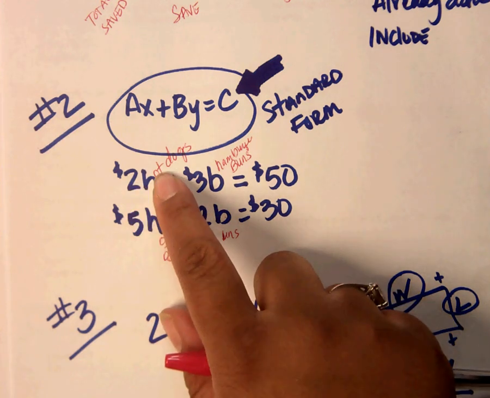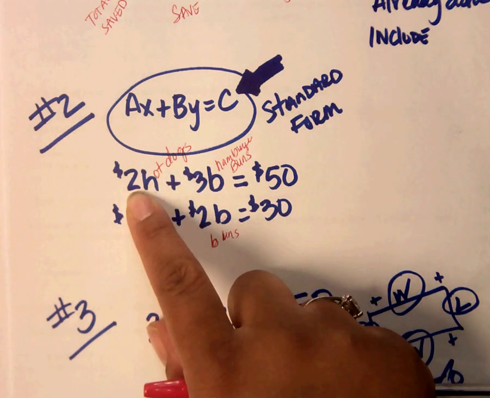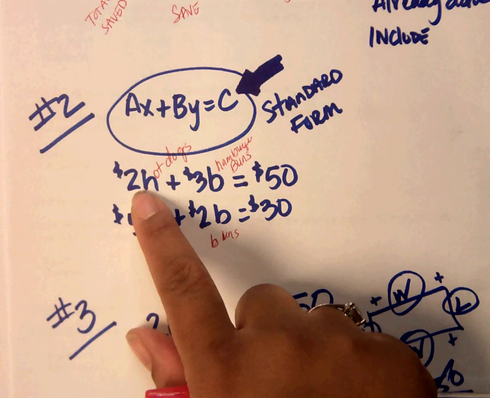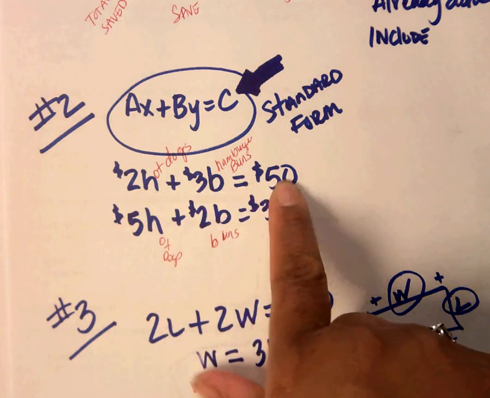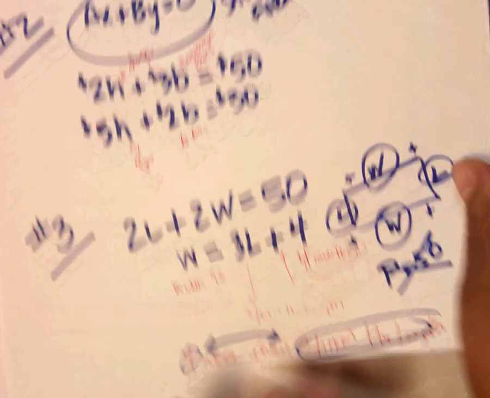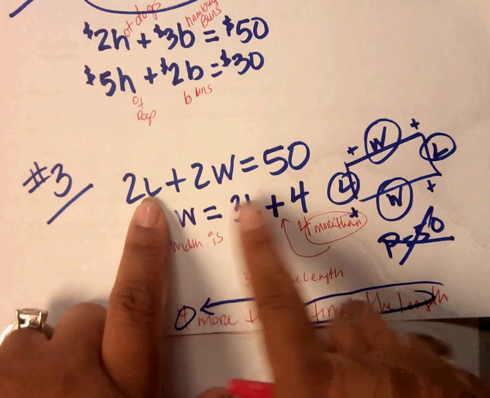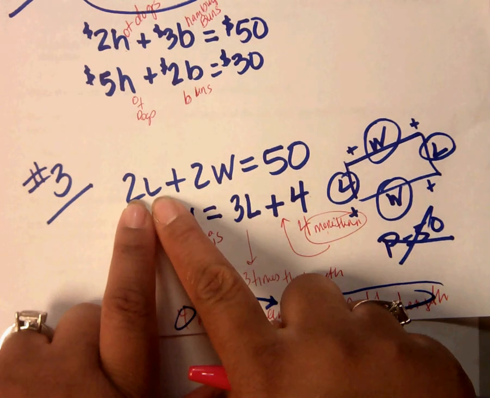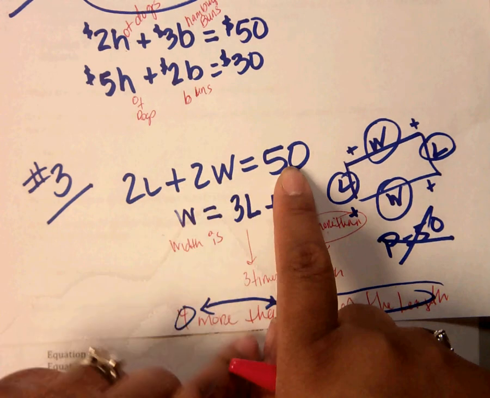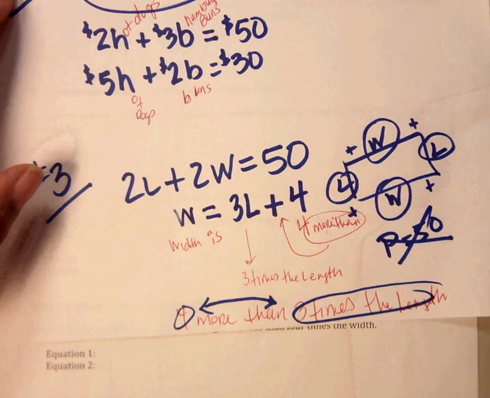So that is a per, that is the a, that is the each. That means it gets a letter. And it happened for this one, and it equaled a total. This one here did the same thing as 2 lengths, or 2 widths, it equaled a total.